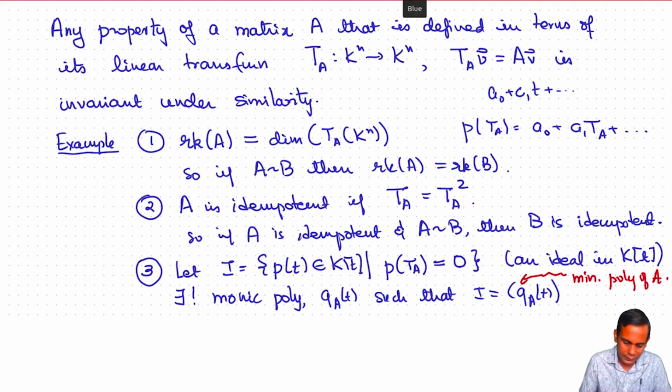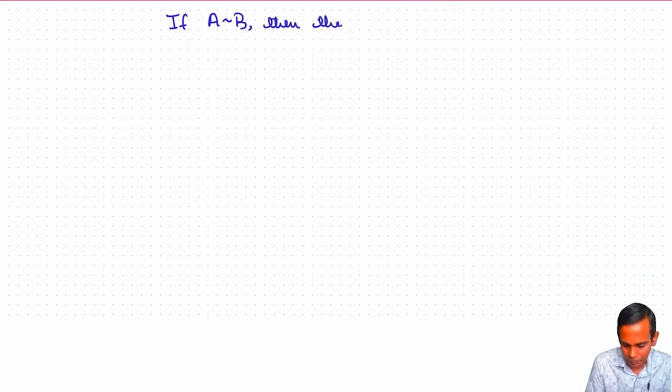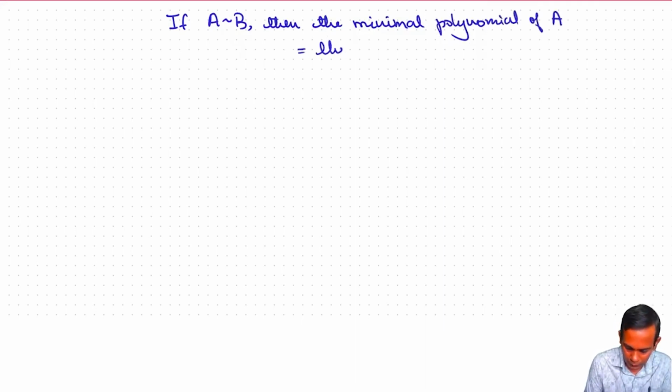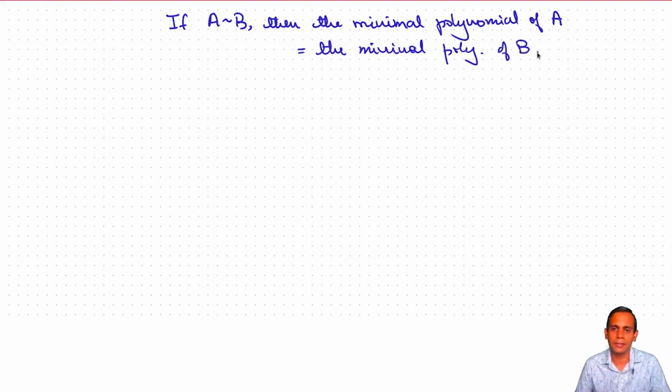So what we have is that if A is similar to B, then the minimal polynomial of A is equal to the minimal polynomial of B. Similar matrices have the same minimal polynomial.